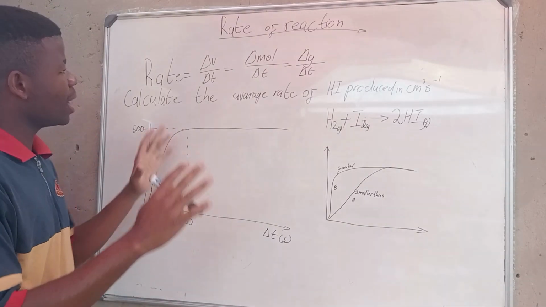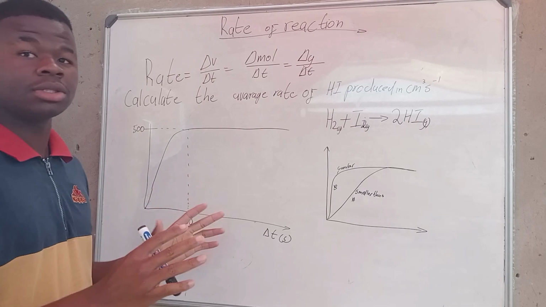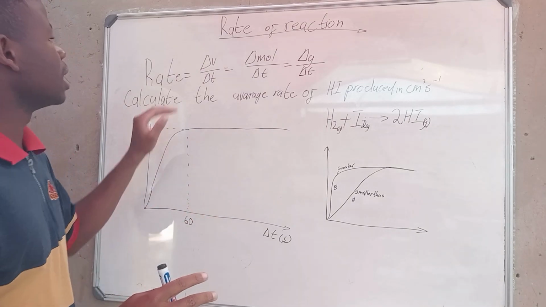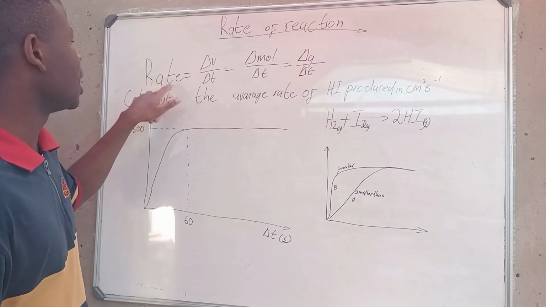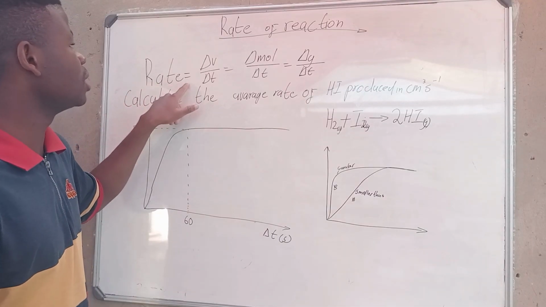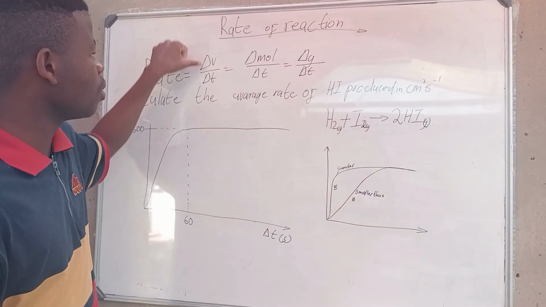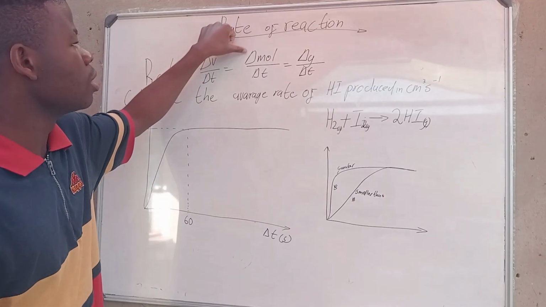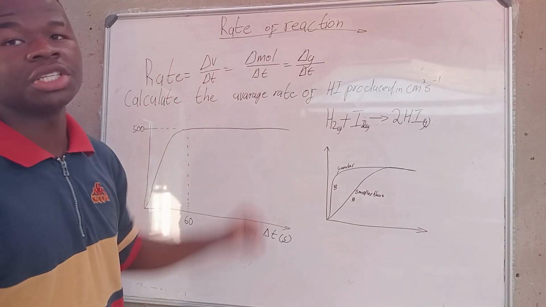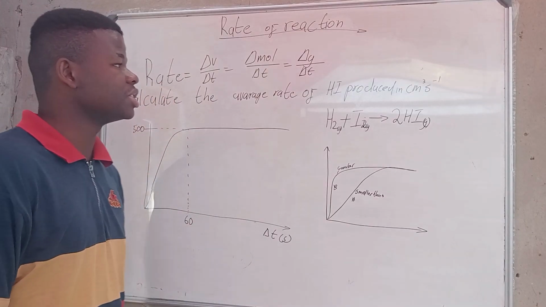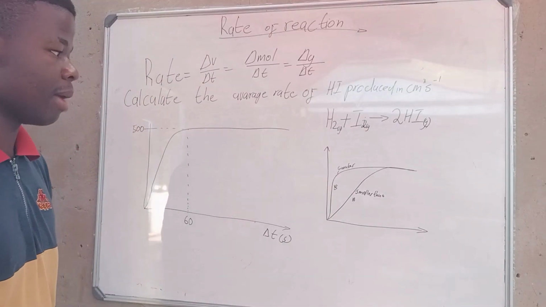Now we are done with the formal definition. Let's go back to the formula. Rate of reaction is equivalent to change in volume over change in time, or change in mole over change in time, or change in mass over change in time.